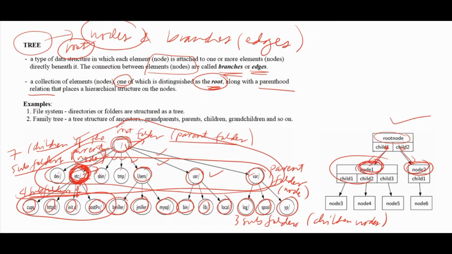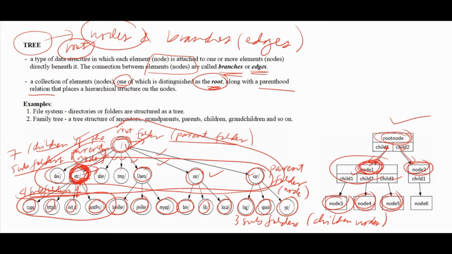And then this child node here of this parent node has 3 children. So these are node 3, node 4, and node 5. So child 1, child 2, child 3 here are pointers to these 3 nodes respectively.